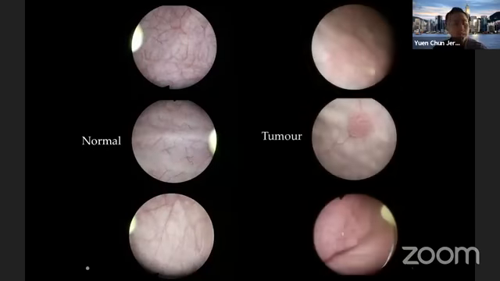For database collection, of course, at the end of the day, we want to have videos. But to begin with, we start with something simpler. So we need to have a lot of images. Both normal and abnormal images are needed because you need to train up the system to recognize what is normal and abnormal.